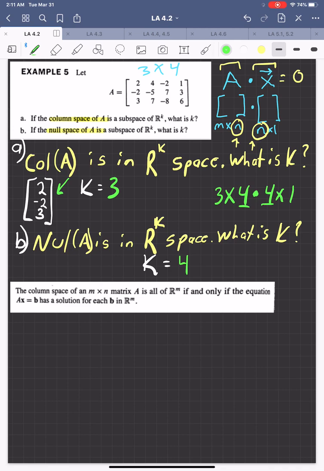This little bit of information is going to become apparent in the next example. I'm going to read it to you, just so that if I were to forget, I did read it to you.